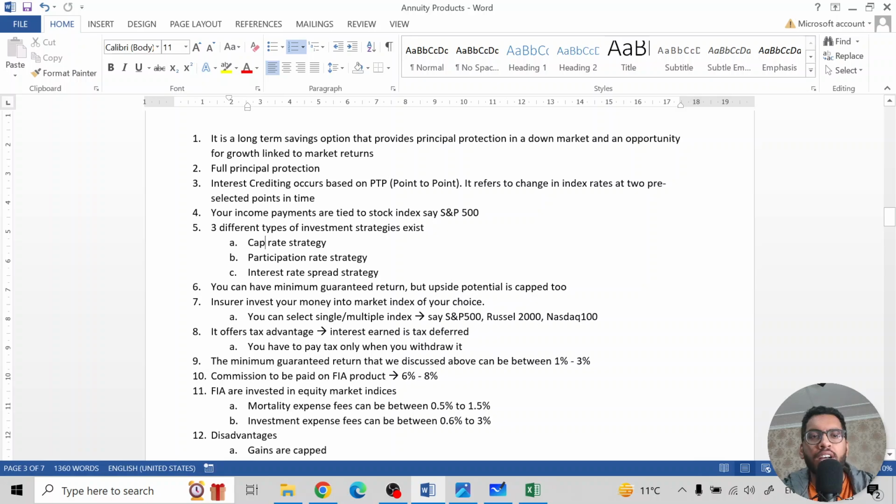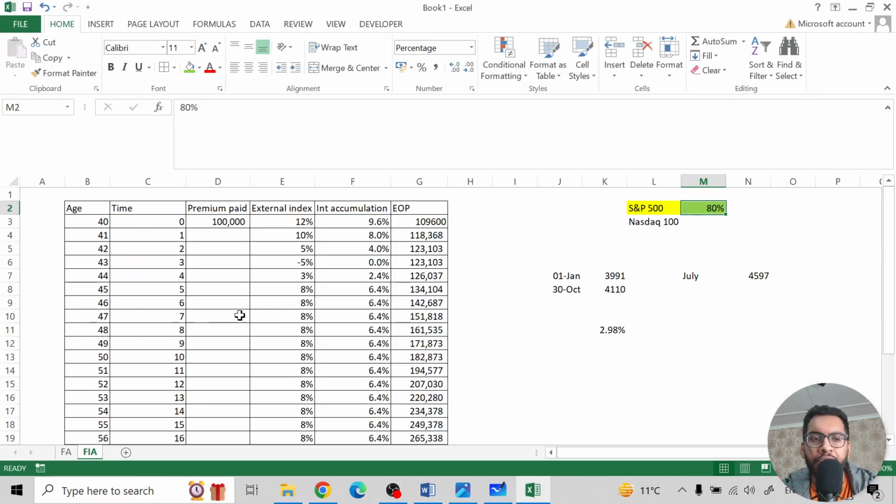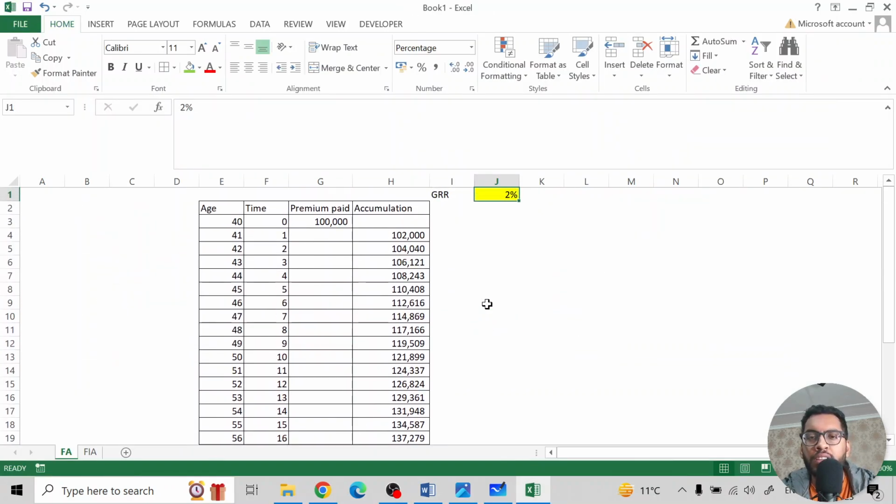Okay, next thing. You can also get a minimum guaranteed rate of return, but your upside potential is limited too, right? What we are trying to say here is the minimum guaranteed rate of return. If you remember in FA, we said we are going to give you a minimum accumulation of 2%.